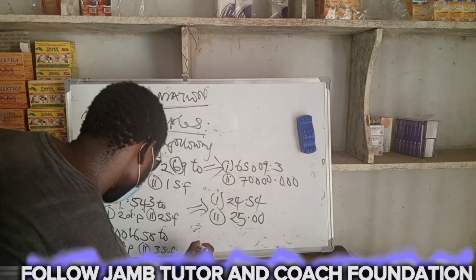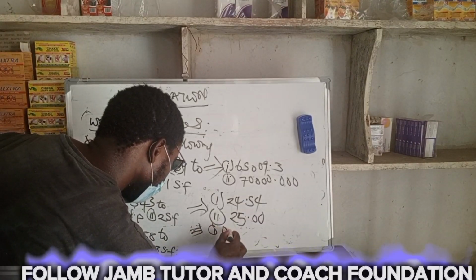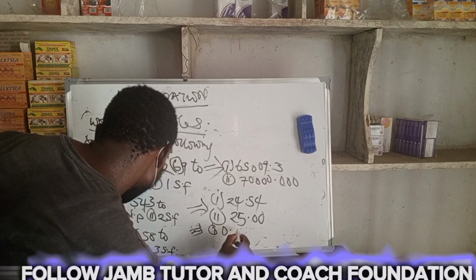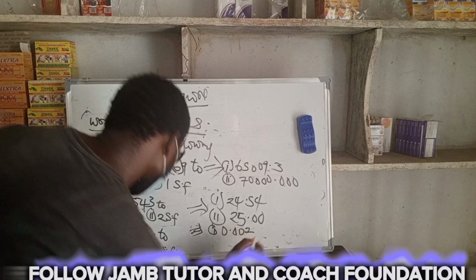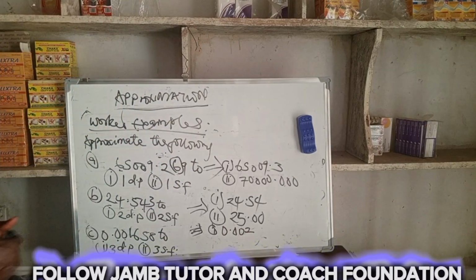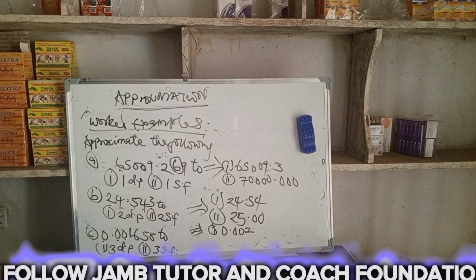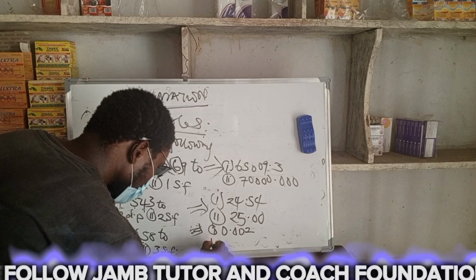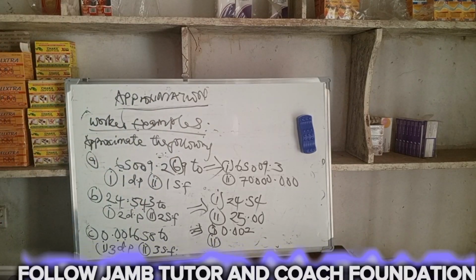The answer becomes 0.002. Right? Correct to 3 decimal places. Then the second one, it says 3 significant figures.